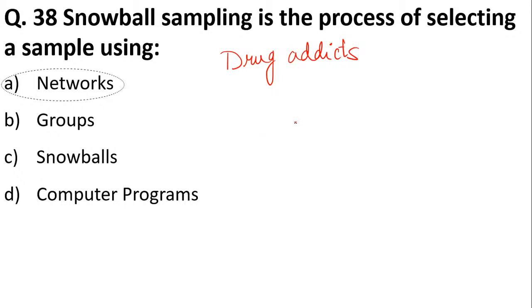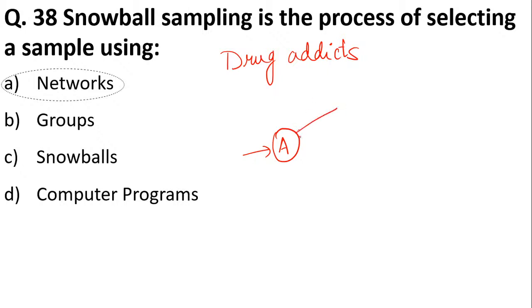So by some chance you get one person who is a drug addict. Now you tell him, I want more people who are taking drugs. Obviously if someone is taking drugs, he might know other people who are taking drugs because they might meet at some place.